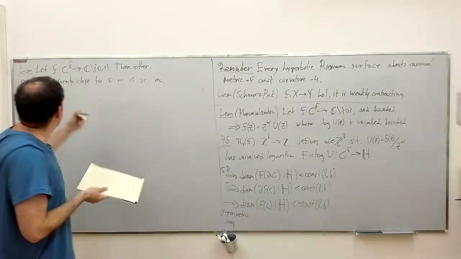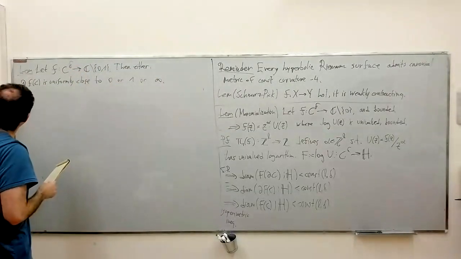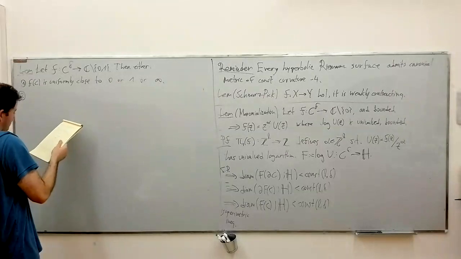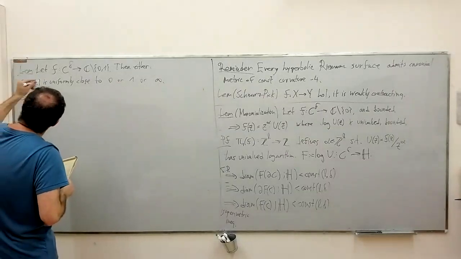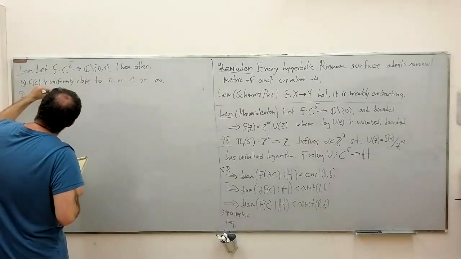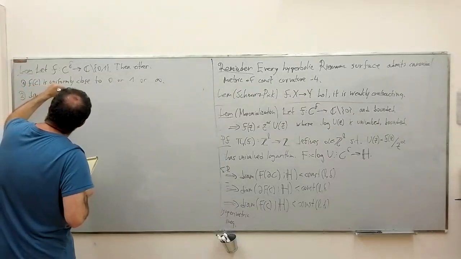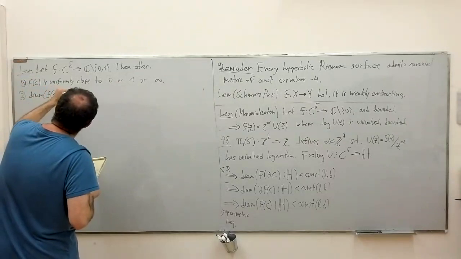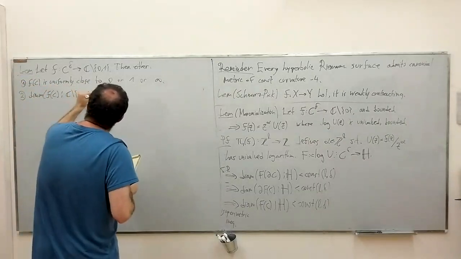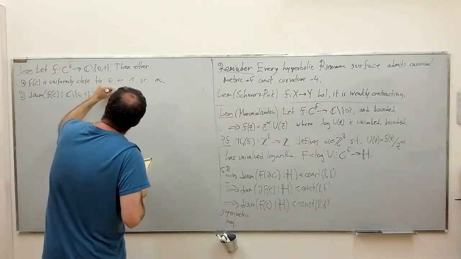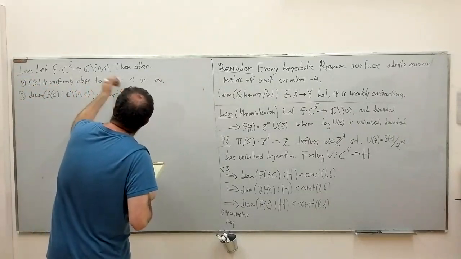And then, let me tell you the other option, and then you'll see why I reveal these two options. Either this happens or the diameter of F of C inside C minus {0, 1} is bounded by some constant depending on L and delta.